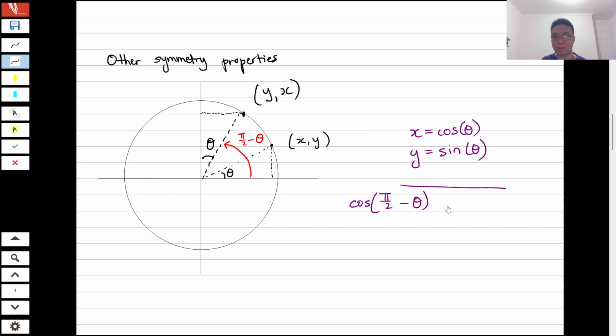So that means cosine of pi on 2 minus theta is sine theta, and conversely, sine of pi on 2 minus theta is cos theta, because the sine of this angle here is x.